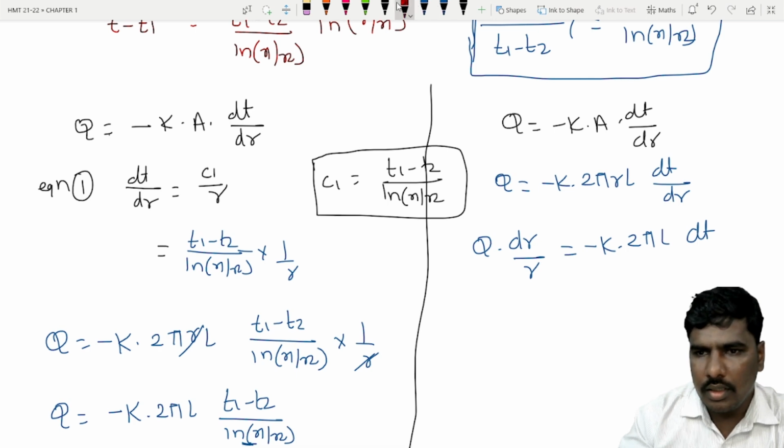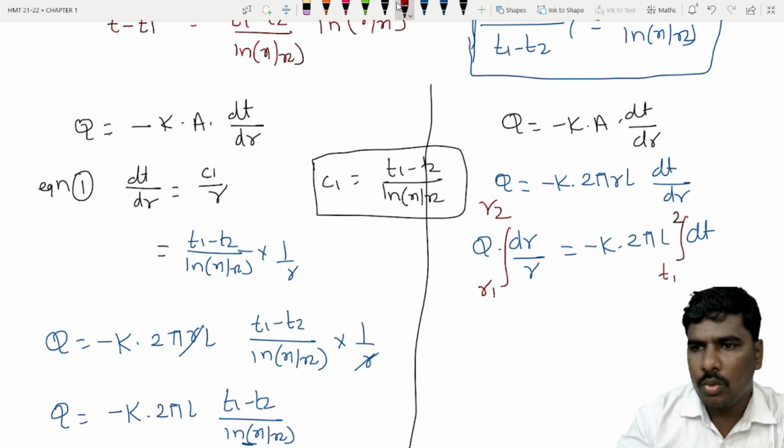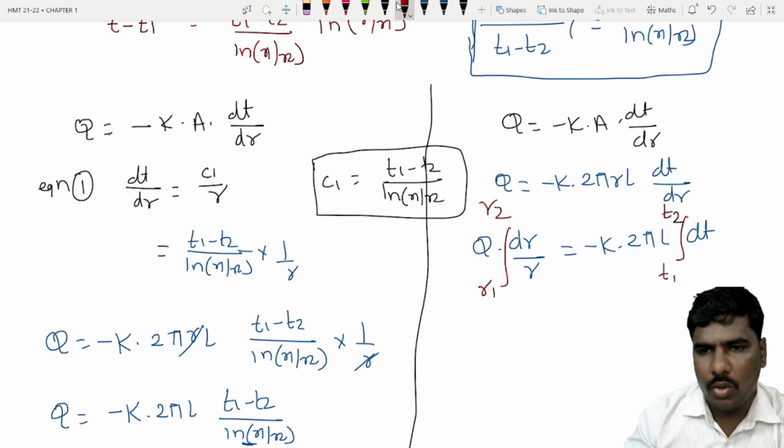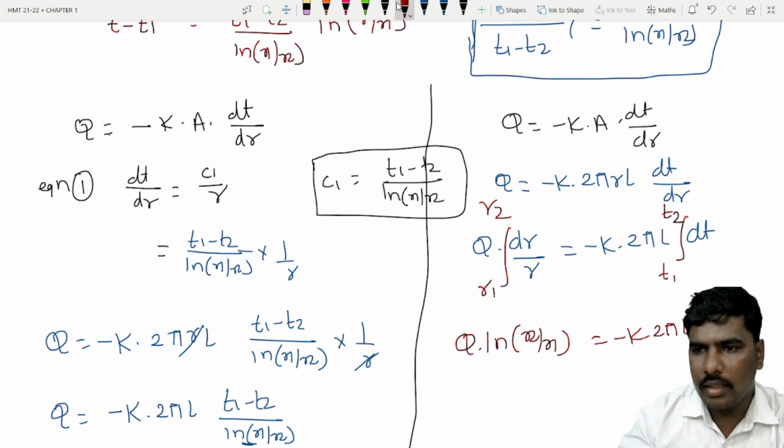Now this is integrated from 1 to 2, initial to final condition. What is the initial condition? The radius 1 is the inside radius and radius 2 is the outside radius, and the inside temperature to the outside temperature. If you solve, you will get the equation: Q into ln R2 by R1 is equal to minus k 2 pi l, T2 minus T1.